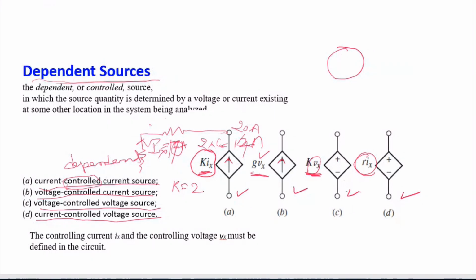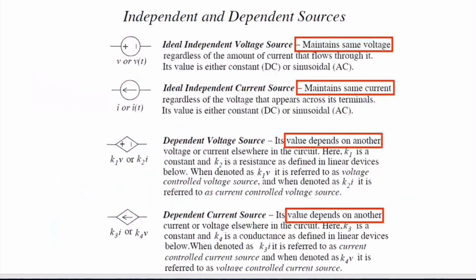That's why it is called a dependent source. This is also a dependent source, and these four are dependent sources. Hope you have understood until now. So, independent and dependent sources.